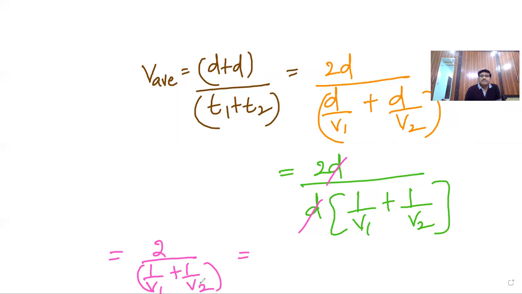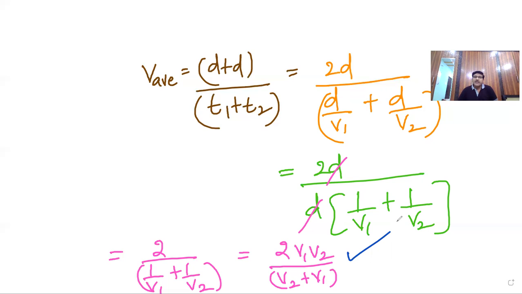Take the LCM. If I take the LCM, 2 by V2 plus V1 divided by V1 V2, it comes up to 2 V1 V2 by V2 plus V1, or V1 plus V2.